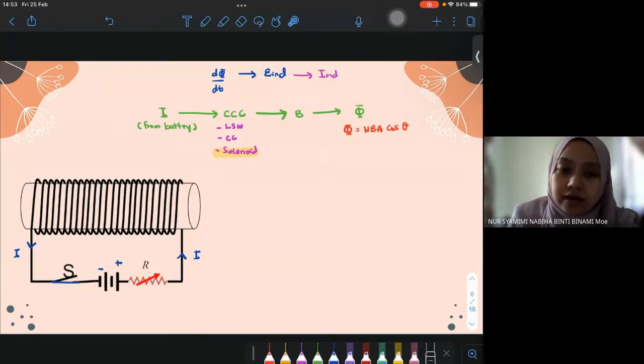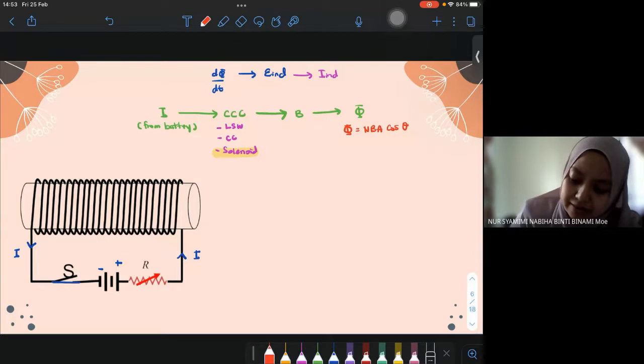Okay. So sekarang dia belum ada E induced sebab dia belum ada change in flux. Macam mana saya nak jadikan ada perubahan flux? So what I do ialah saya ubahkan nilai resistor saya, increasekan nilai resistor. R ini saya increasekan.